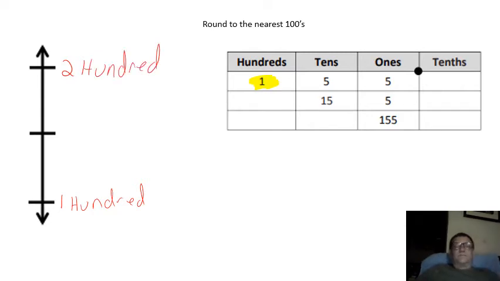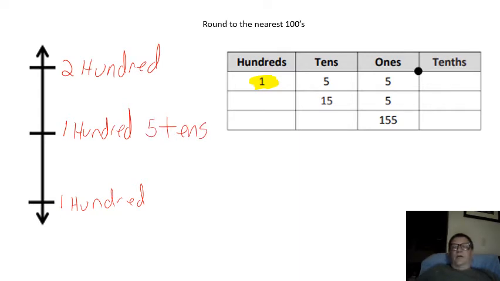Now, right in the center, we know the midpoint is going to be 100 and 5, because 5 is always in the middle, and you can see right next to the hundreds is 10, so 100, 5 tens would be the midpoint.